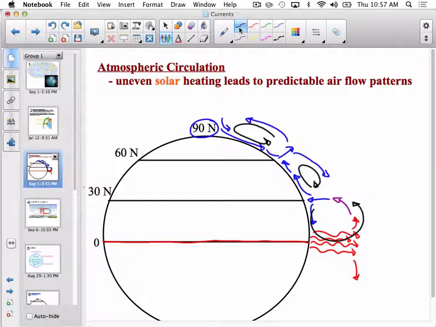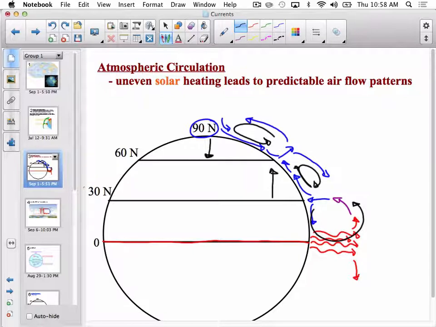In the most northern latitudes, the air is flowing along the surface of the Earth from north to south. That's a little confusing the way I drew it, so I'm just going to say it's flowing down from the North Pole south because the cold air is sinking down to lower latitudes. From 30 to 60, right here, you see that it's flowing from south to north, so I'm going to draw my arrow like this.